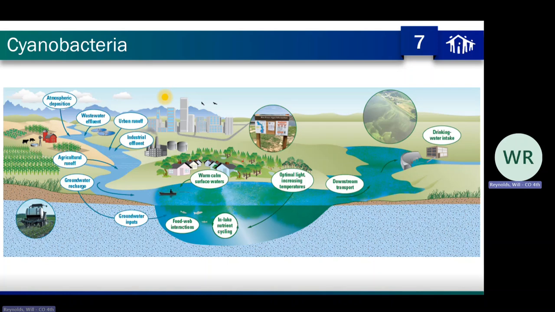And the cyanobacteria nutrients they prefer are similar to algae and plants. They like nitrogen, they like phosphorus. Once there's an imbalance of nutrients, and when the water becomes warm and stagnant, it contributes greatly to the rapid blooming of cyanobacteria, leading to a harmful algal bloom, a HAB.